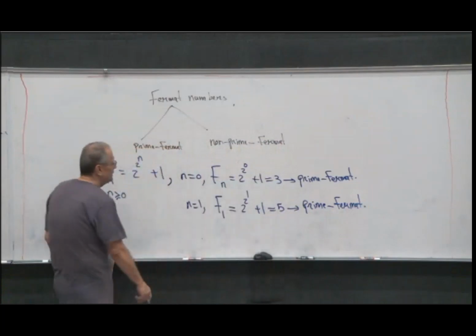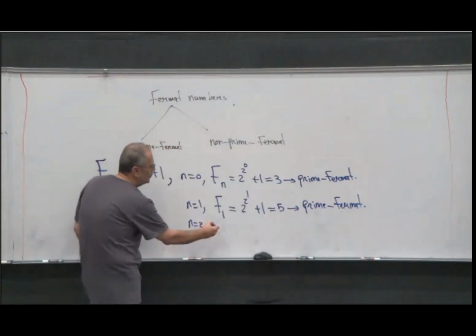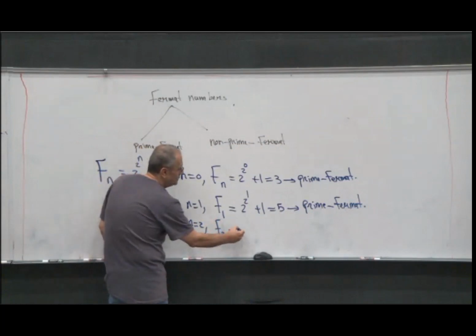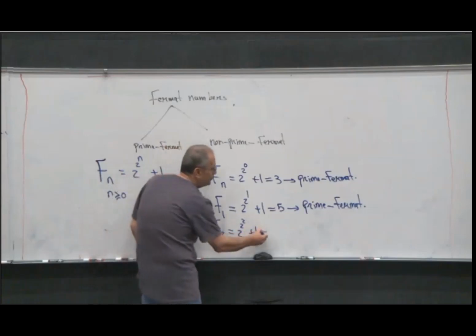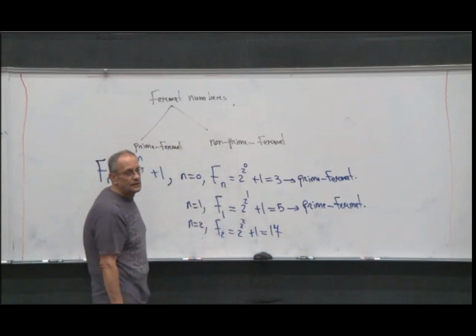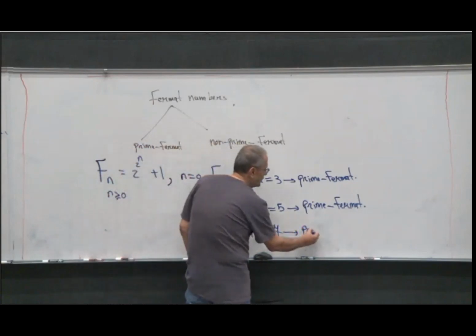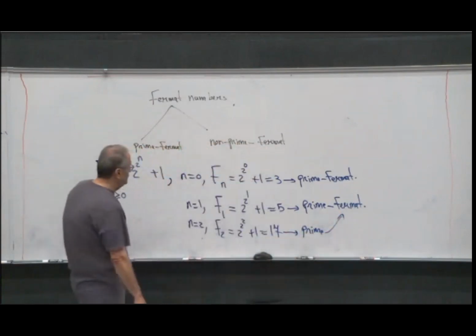Okay? What about n equal 2? What will be F2? 2 to the 4 plus 1, and that will be 17. Is that prime? Prime Fermat.